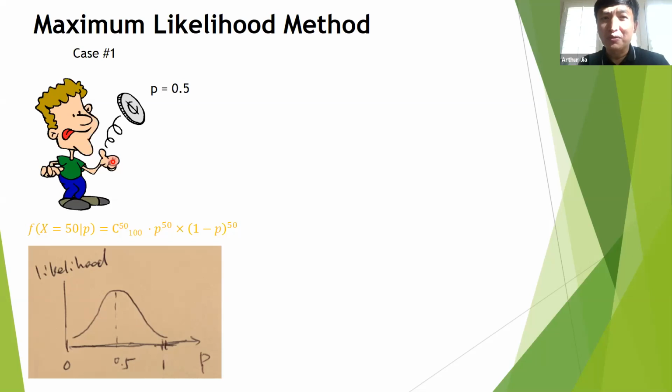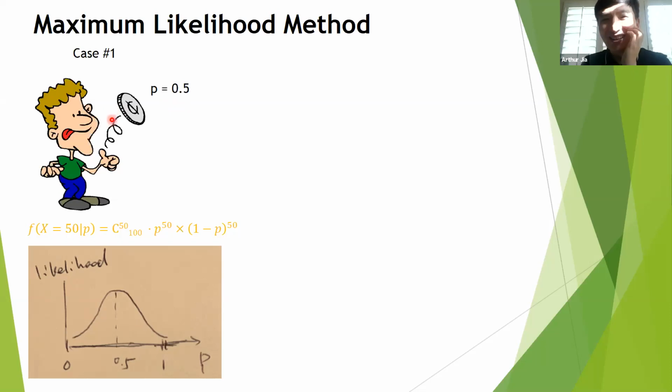Suppose we are God. We know exactly what the value is for p. We know p equals 0.5, which means this coin is a fair one. But this guy doesn't know, so he wants to do the experiment, get the data and estimate this p. We knew this, but he doesn't.